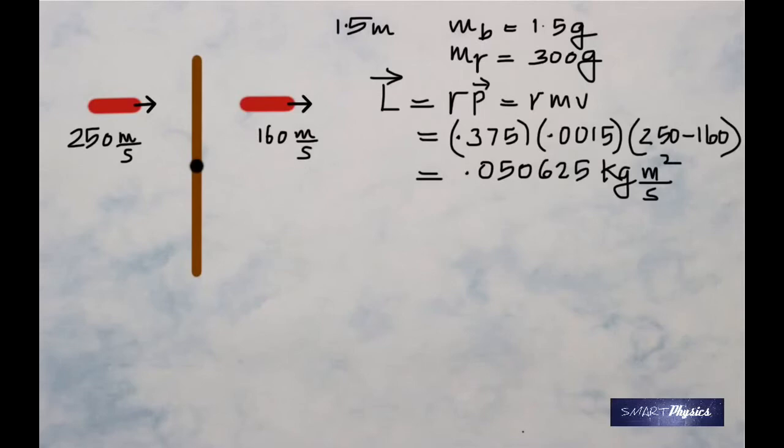So once you know that, now you have to know that angular momentum can also be calculated using I times omega, where I is the rotational inertia. In this case, the formula for rotational inertia is mass times the square of the length by 12.